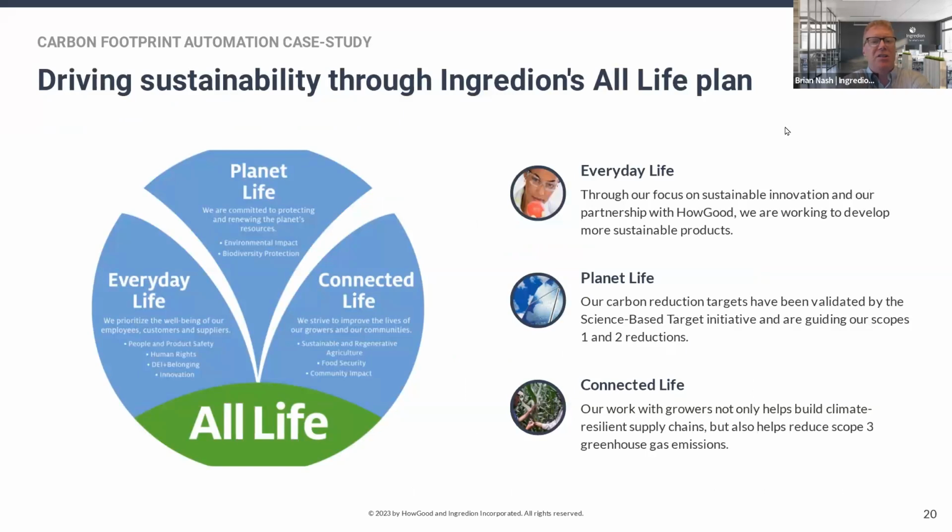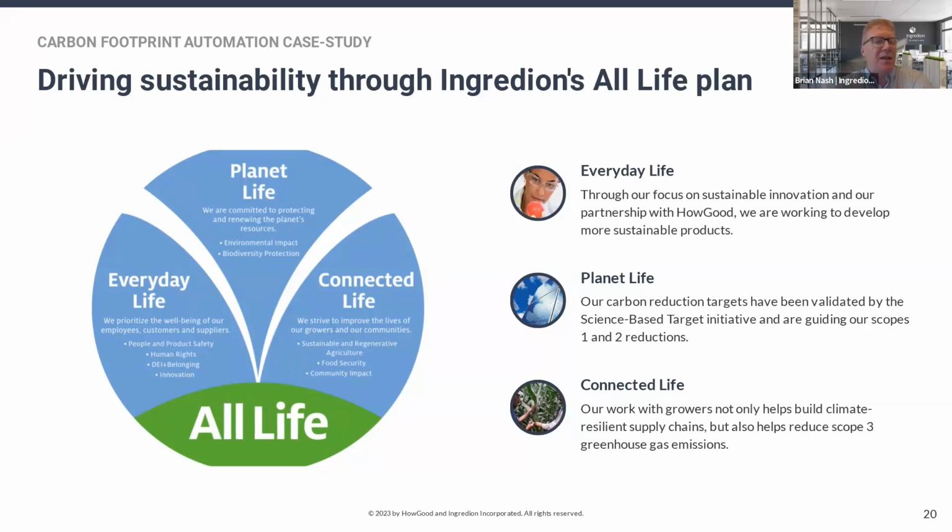Our 2030 strategy is called our All Life Plan. We have 3 pillars, as you can see. We've got everyday life, planet life, and connected life. And I'll say this, even though planet life has our carbon reduction targets in it, those spider web out to all aspects of this.